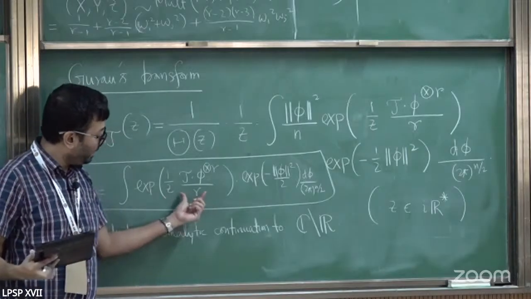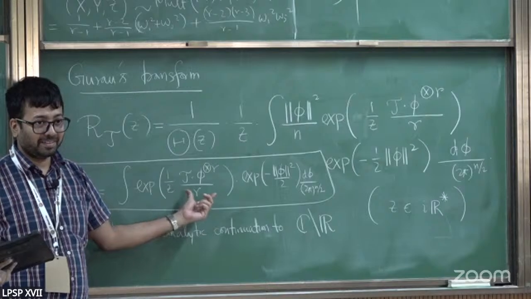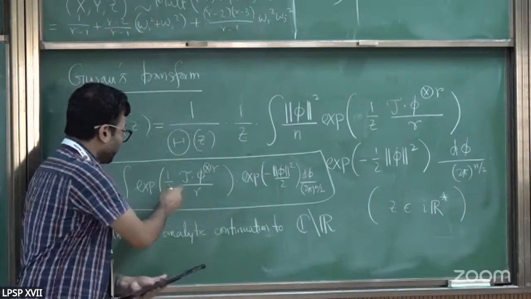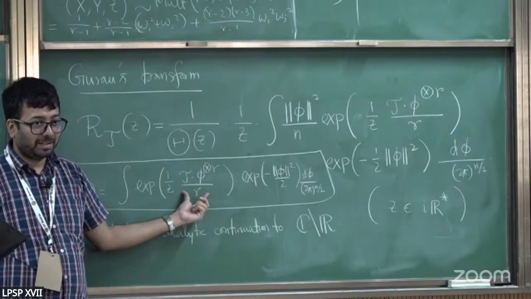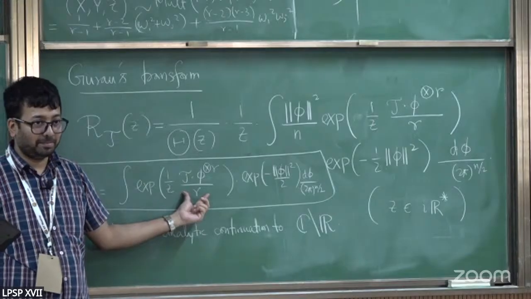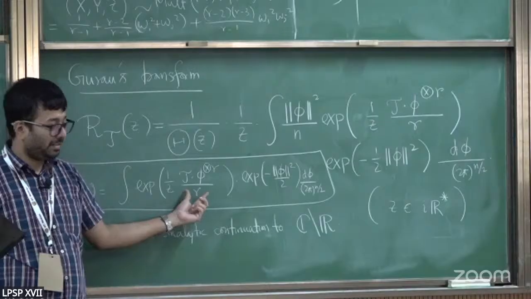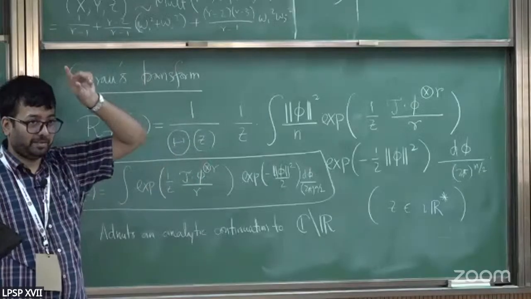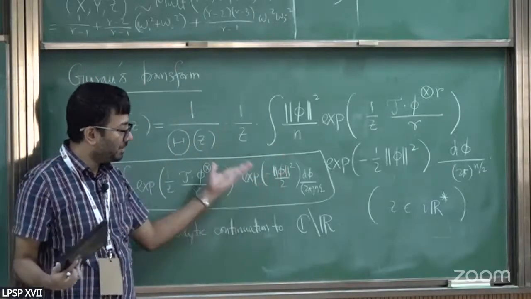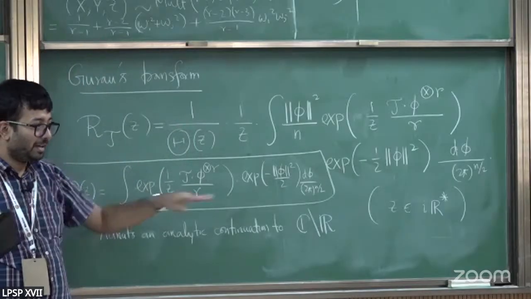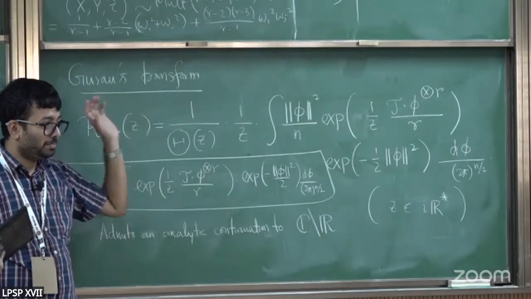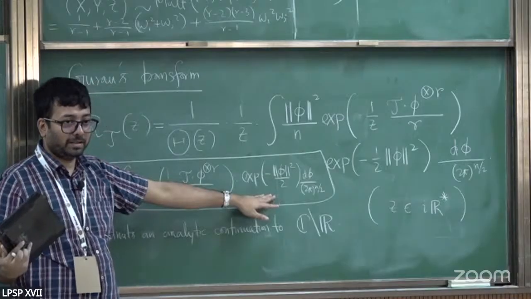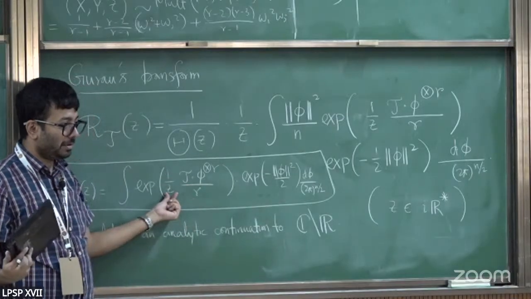This should look a bit familiar. Does it look familiar? This type of expression, we have seen before. This is like the Hamiltonian of the spherical spin glass, right? There, the spin configurations were restricted to the unit sphere, and the base measure was the uniform measure on the unit sphere. I am writing a Gaussian version of this. Now my spins are real vectors, and the base measure is the standard Gaussian, and the inverse temperature is now a complex number.